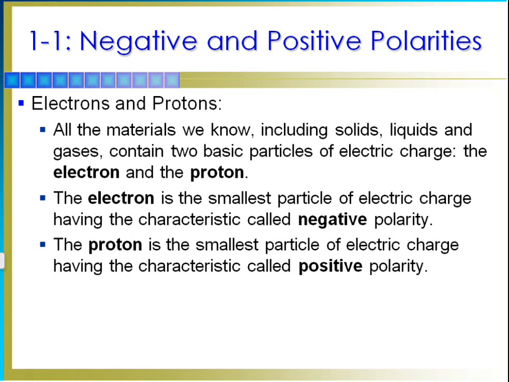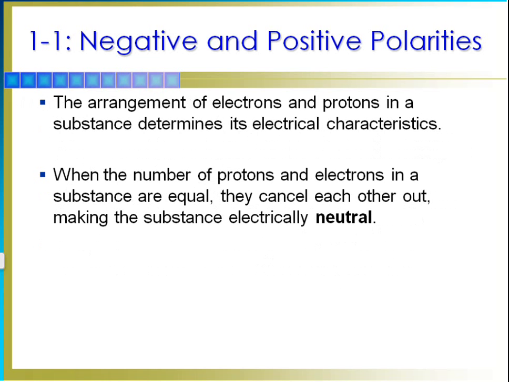The electron is the smallest negative charge, and the proton is the smallest particle of positive charge. The arrangement of the electrons and protons in a substance determines its electrical characteristics, and you're going to see a little bit more of that as we go through here.